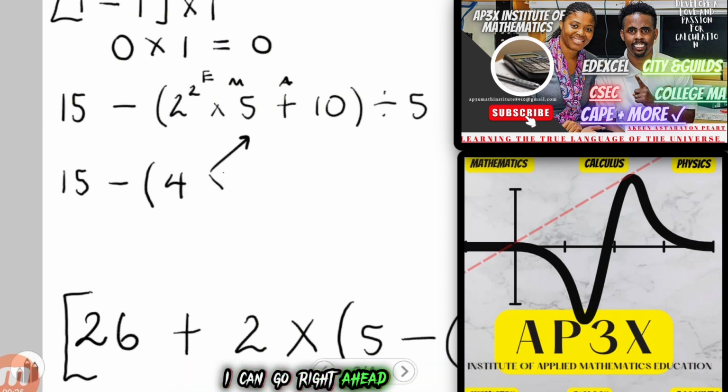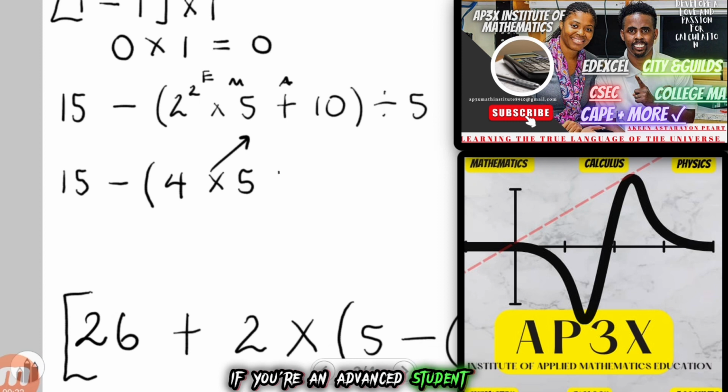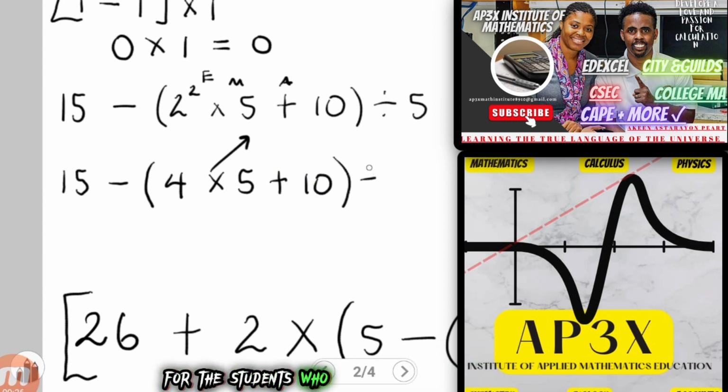You can actually multiply 4 by 5 in this one line if you're an advanced student, but I prefer to take it step by step for the students who may be a little confused if we do too many operations at once. So I've just cleared up my E, that is now gone.